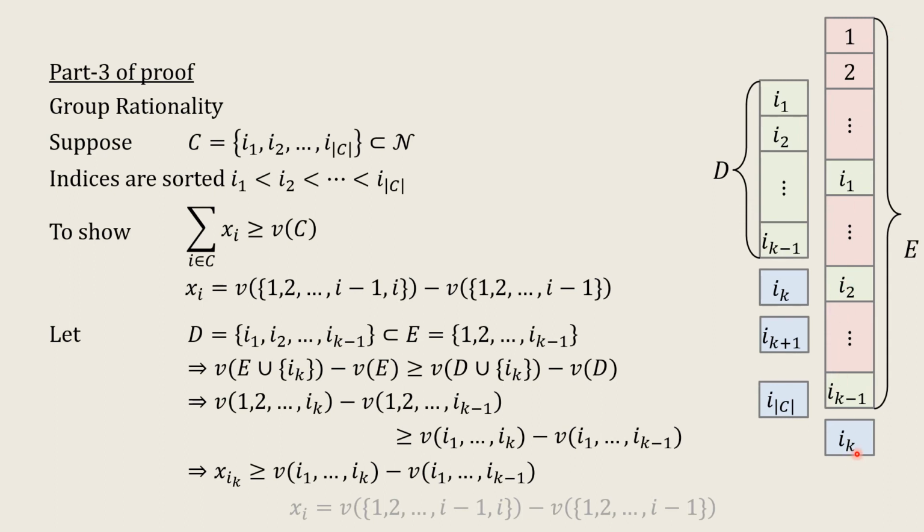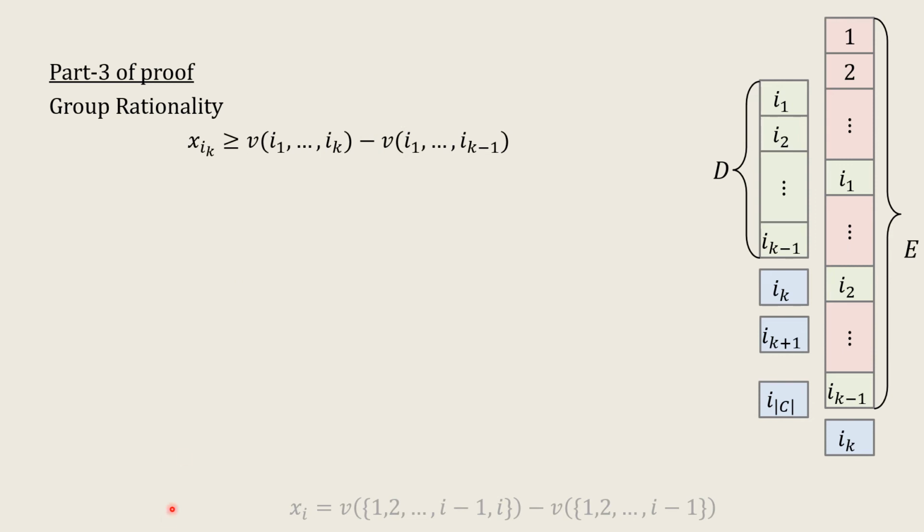The marginal contribution of ik to this coalition here, E, and that's xik, and that's greater than v of I1 through ik minus v of I1 through ik minus 1. So I arrive at this inequality here. X sub ik is greater than or equal to value of I1 through ik minus value of I1 through ik minus 1, which is D here. This is D union ik, and this is D.